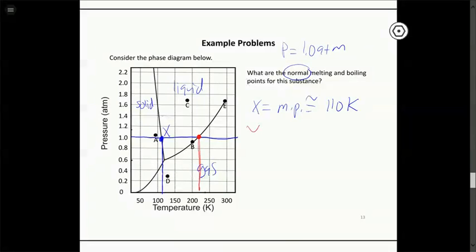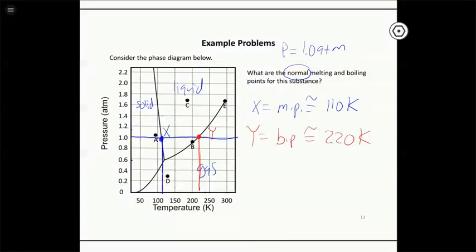This point Y, as I'll label it, is the normal boiling point, which is around 220 Kelvin. As I said, we can read off melting points and boiling points at any conditions of pressure. If we ask you specifically for the normal boiling or normal melting point, that means the pressure is exactly 1 atmosphere. Any questions so far?